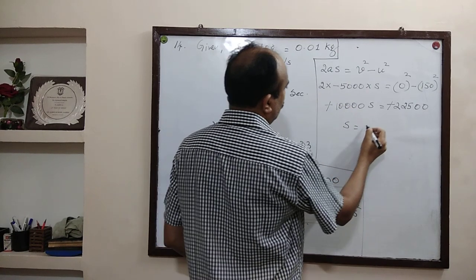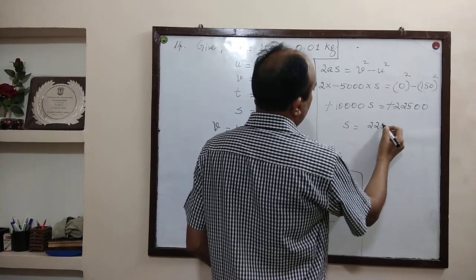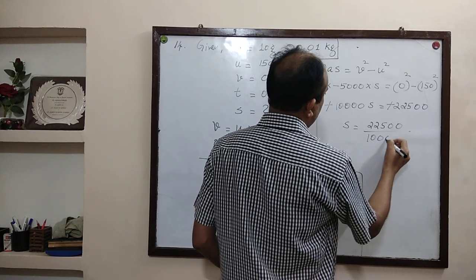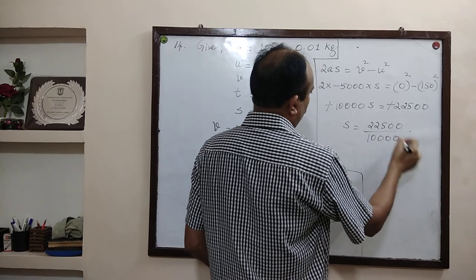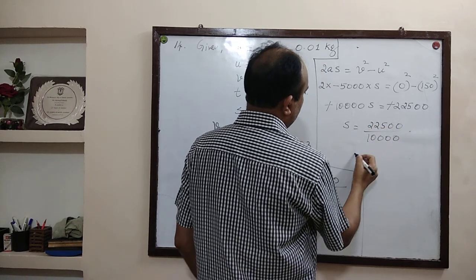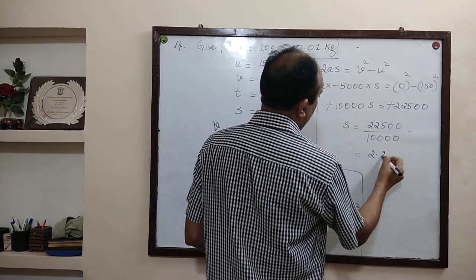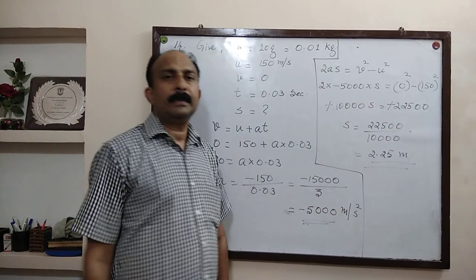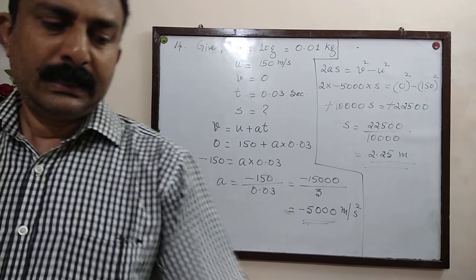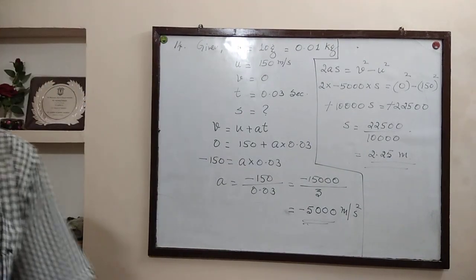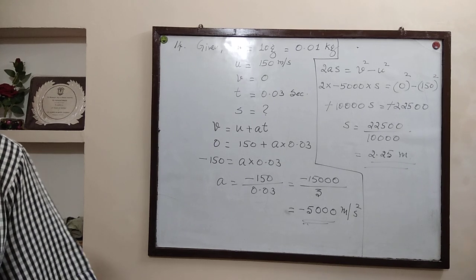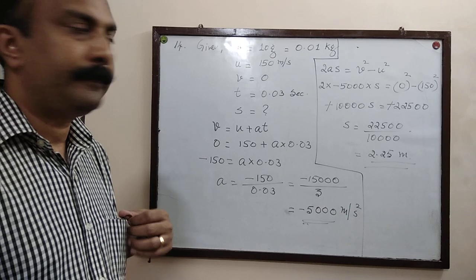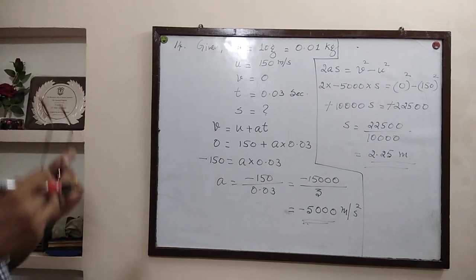So S is equal to 22500 upon 10,000, which is equal to 2.25 meter. So I hope you got it. Distance of penetration S is equal to 2.25 meter. Understood?